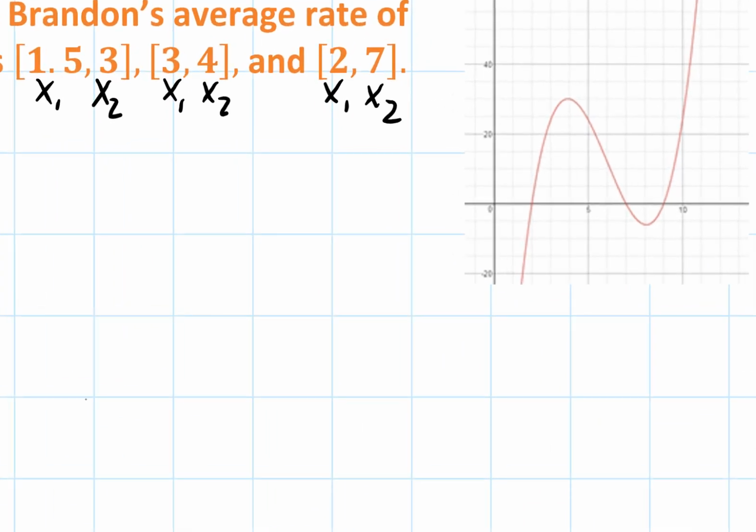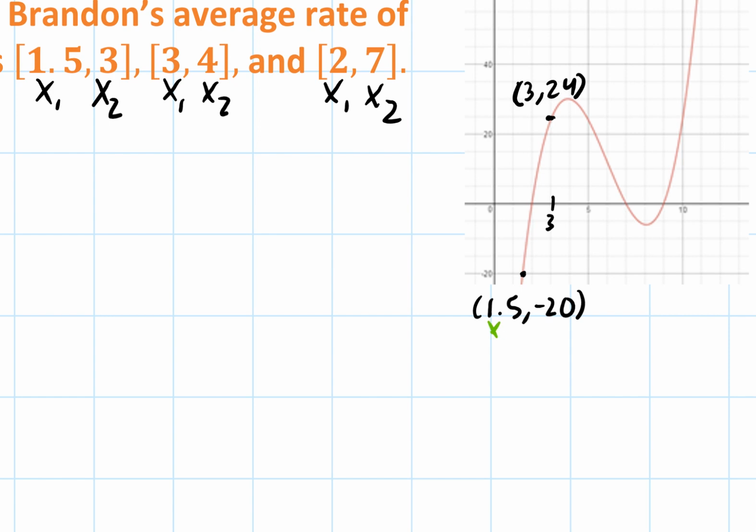So 1.5, we've got this point 1.5, negative 20. And 3, that's our other x value. 2, 3. Looks like the y value is about 24, we'll estimate. We don't have the function itself to substitute 3 in, so this is just our best estimate.